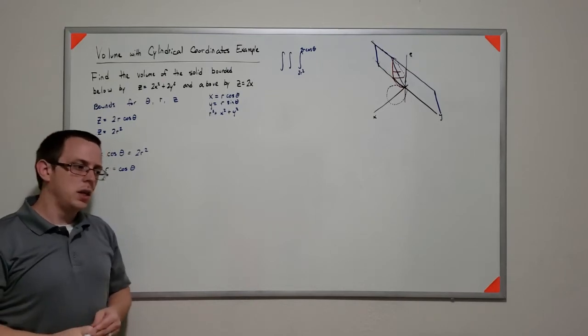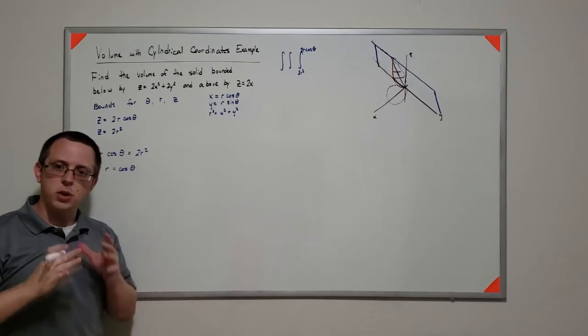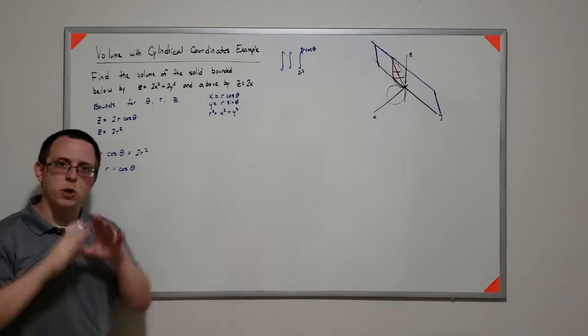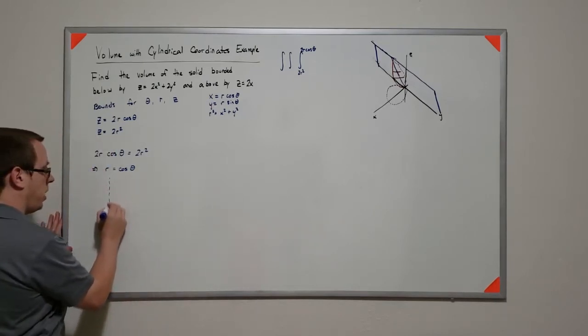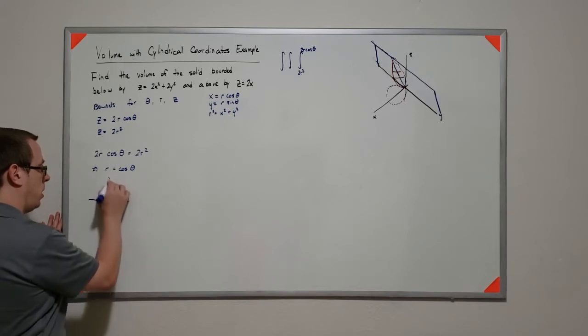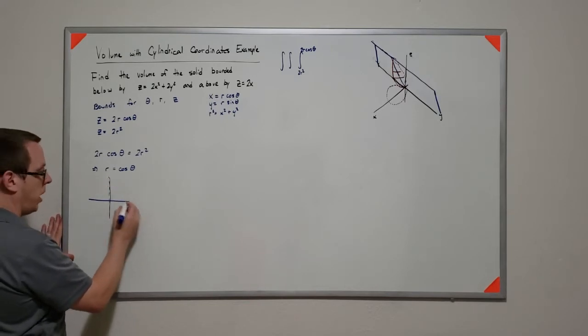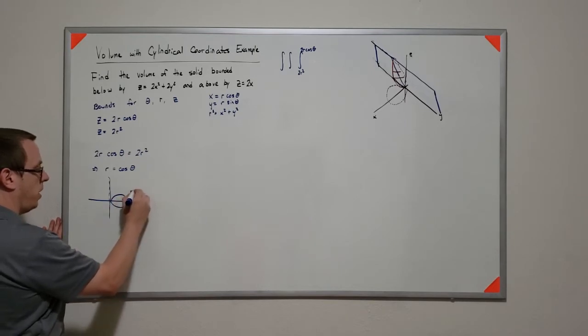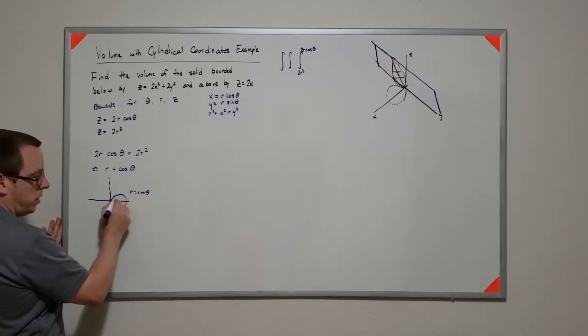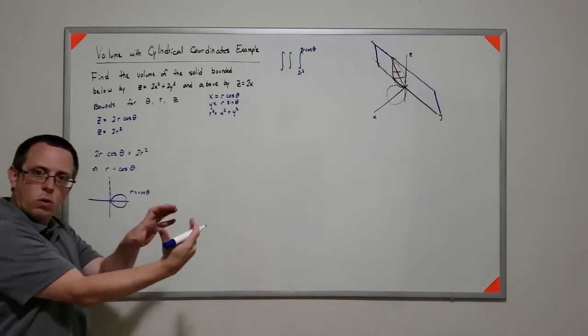If you think about that, that's the equation of, if we were drawing a polar graph, going all the way back to your studies there, something in the r theta plane, r equals cosine theta has a graph that looks like a circle.